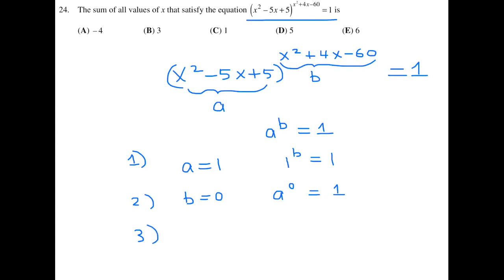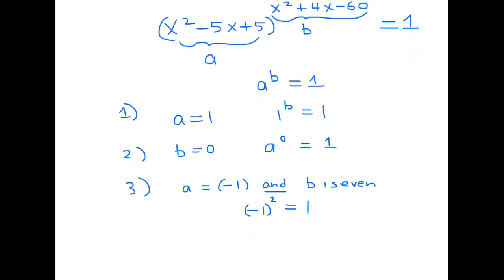And then our third possibility, and this is the one most students miss, is if a is equal to negative 1, and, this is important, b is even. So, for example, if b is 2, negative 1 squared is, of course, equal to 1. So we have 3 scenarios that we have to individually calculate.